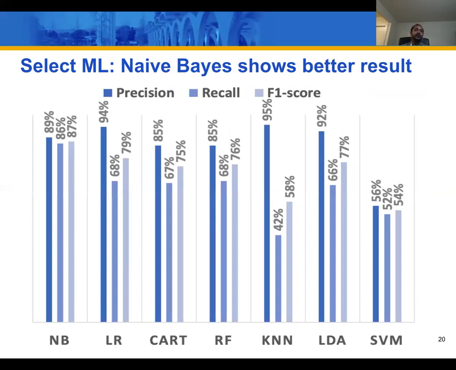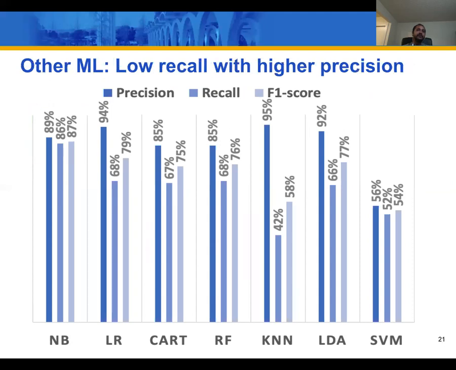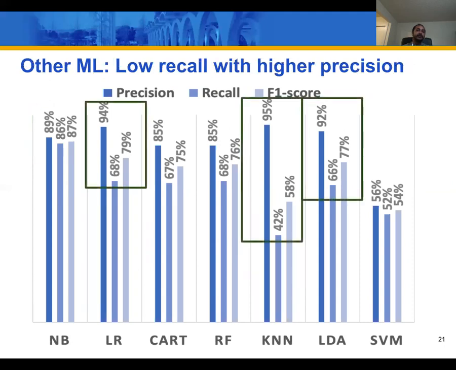Now we will compare each of these machine learning algorithms for our dataset, and we have found that naive Bayes shows the better result with 89% precision, 86% recall and 87% F1 score, whereas there are some machine learning algorithms, that is logistic regression, KNN and LDA.